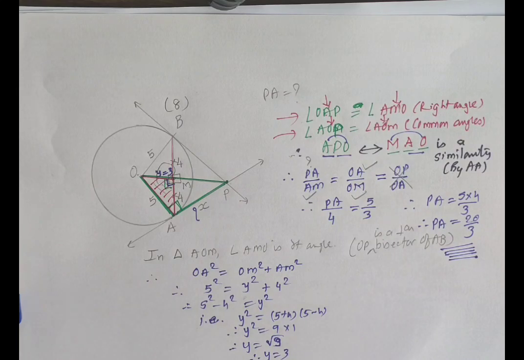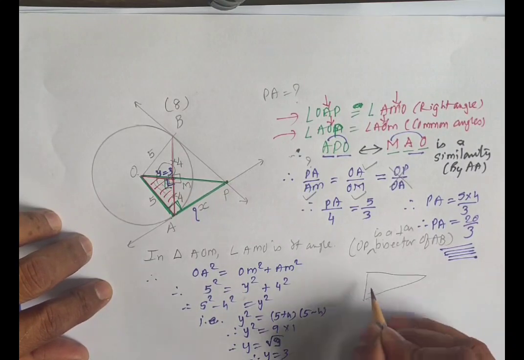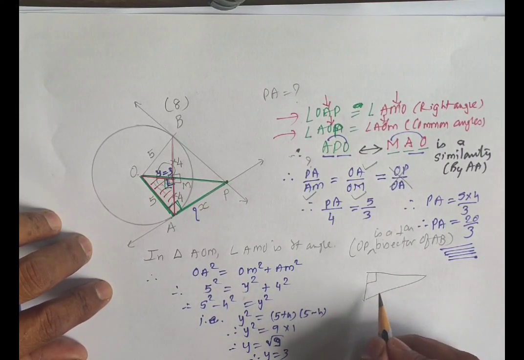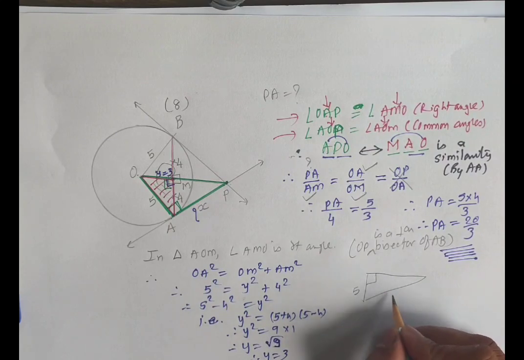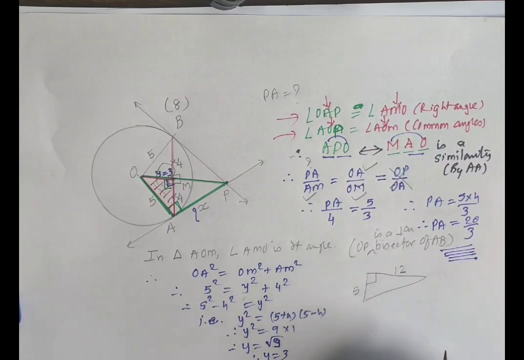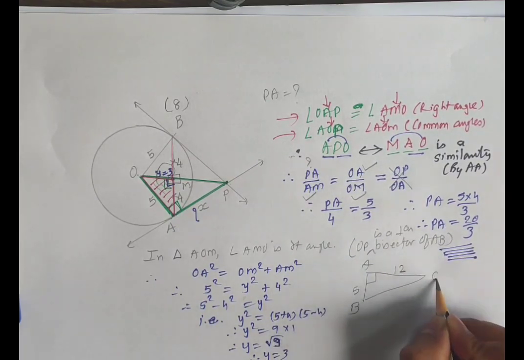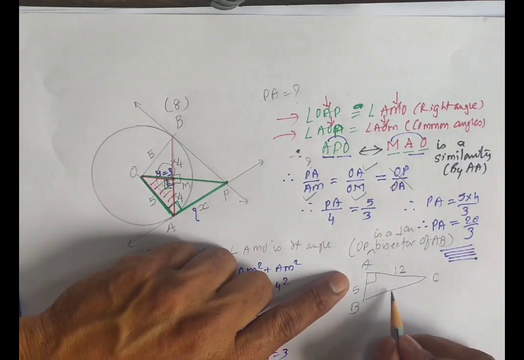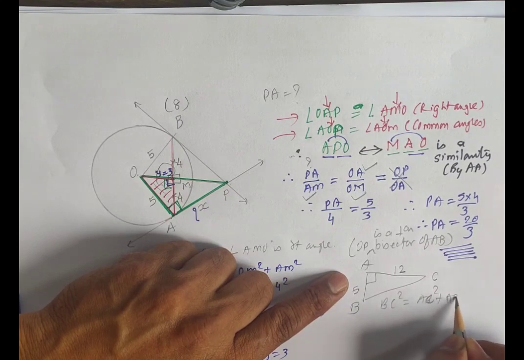Okay. Children, somewhere we make mistakes. Like later a sum will come in which this is 5 and this is 12 in a right triangle. Suppose ABC. Now look. BC square is equal to AC square plus AB square.